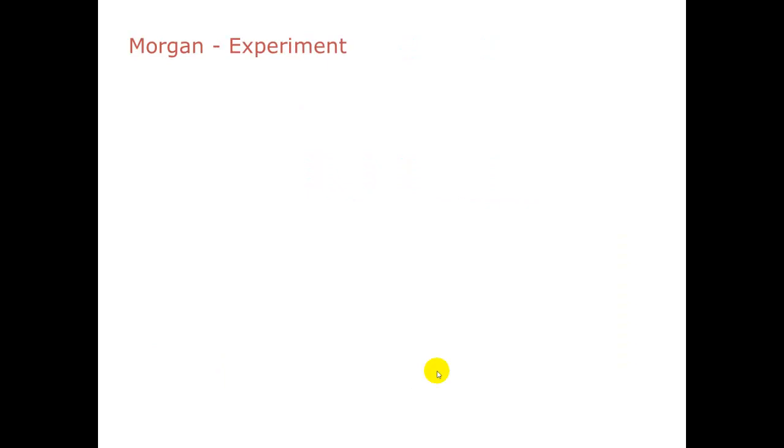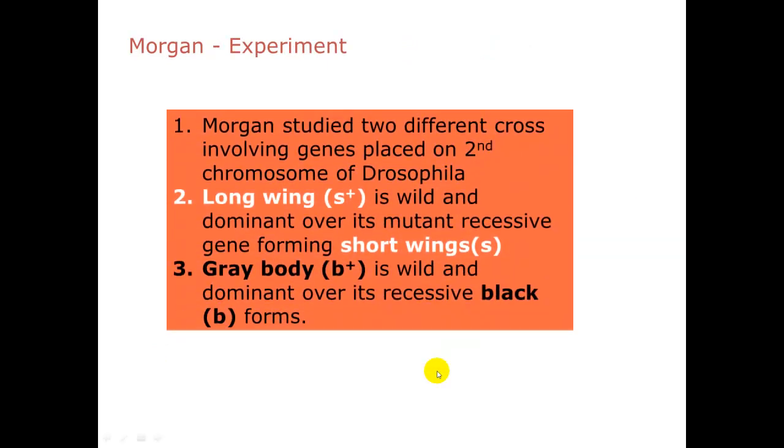So in order to understand, first let's understand the Morgan experiment. Now what Morgan did, Morgan studied two different crosses. He involved two traits, one long wing, that was wild.